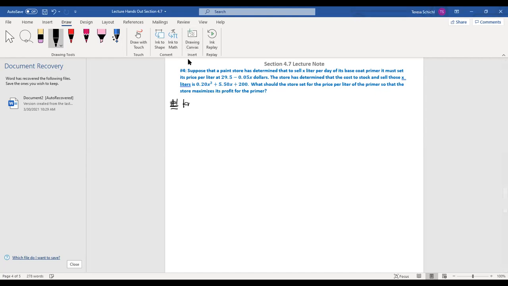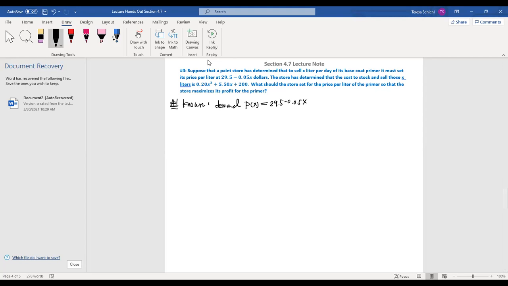So what do we know? The knowns here: they sell X liters and must set the price at this expression. So I know the demand function, P, which is 29.5 minus 0.05X.